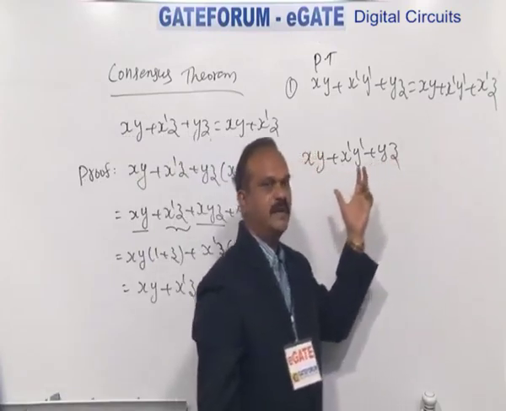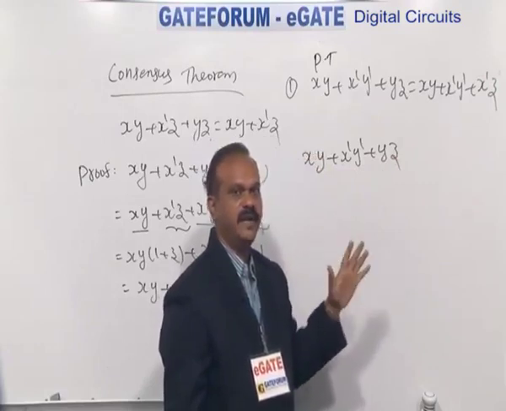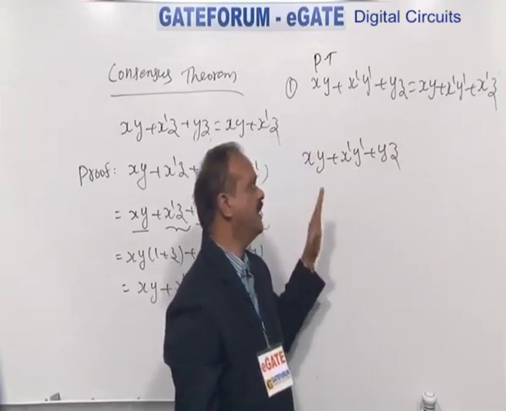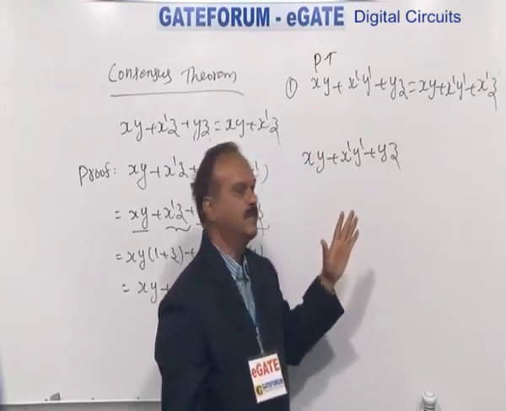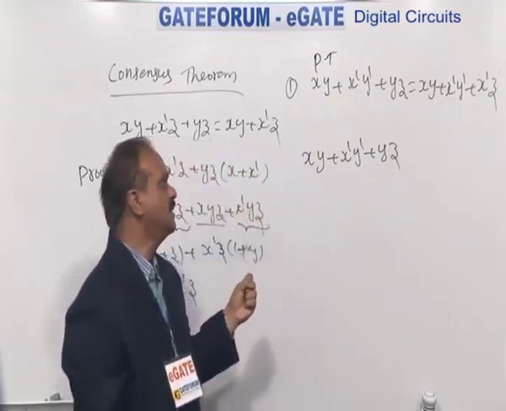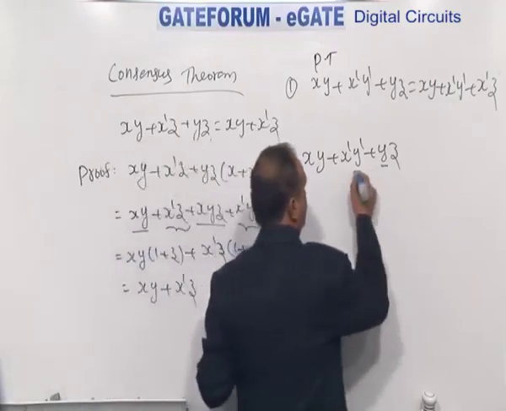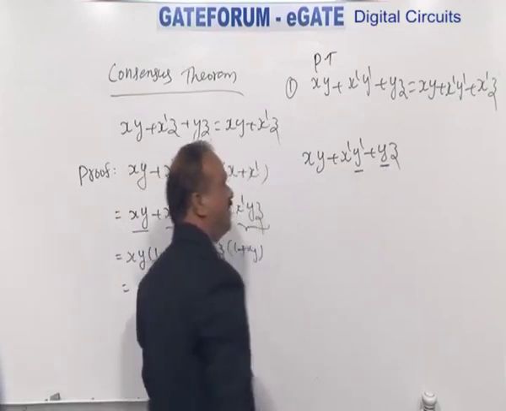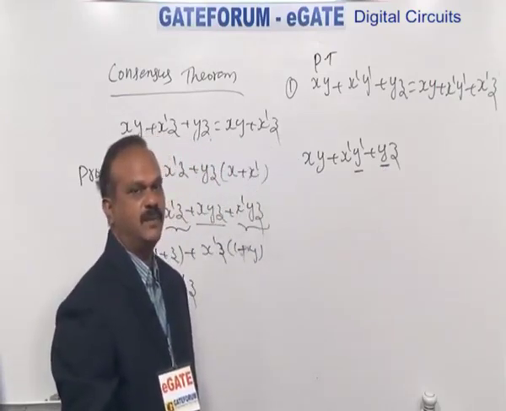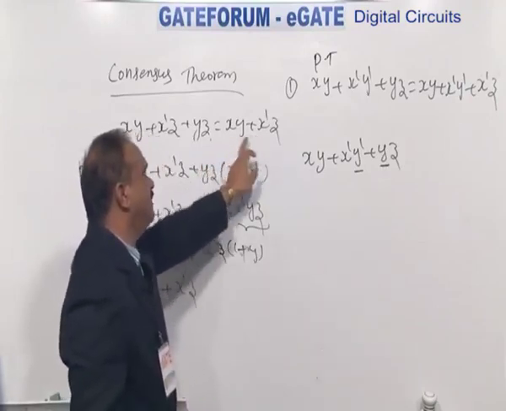That means if I add the term x bar z on the left hand side, then the terms on both the left hand and right hand sides will be the same. So is it possible to add x bar z by using the consensus theorem? Let us think. If you apply the consensus to y and y bar, you can add the product term x bar z without any problem, because this is xy plus x bar z, which means you can add yz.